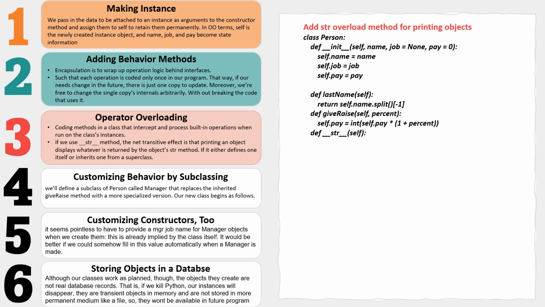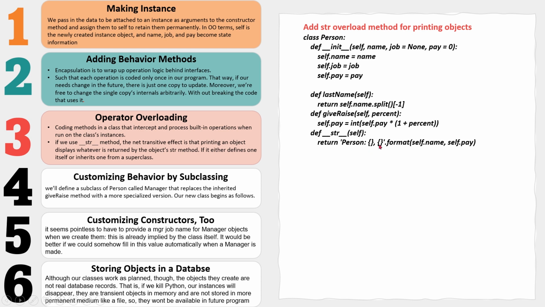This is how we write. Def, that's define, and the method is double underscore str double underscore, and then inside that we put self. Now what do we want to return? The string is the name of the class, that is Person, and then two curly braces which are placeholders for the variables, and then the format is self.name, one instance attribute, and self.pay, another instance attribute.